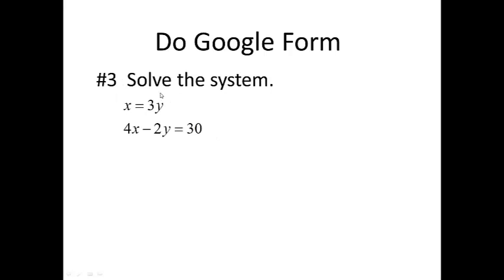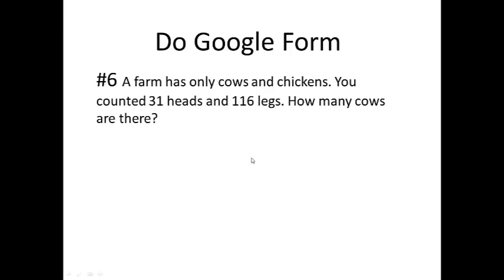Number 3, solve the system. Number 4, solve this system. Number 5, solve this system. And number 6, a farm has only cows and chickens. You count 31 heads and 116 legs. How many cows are there?